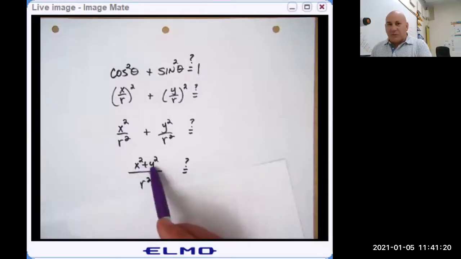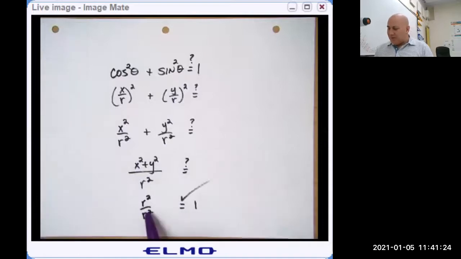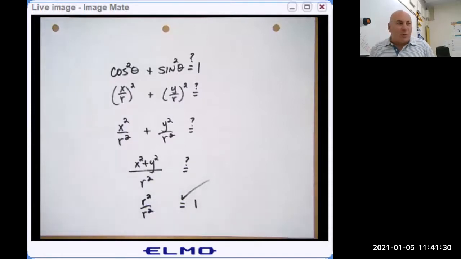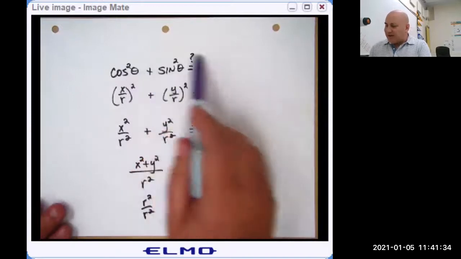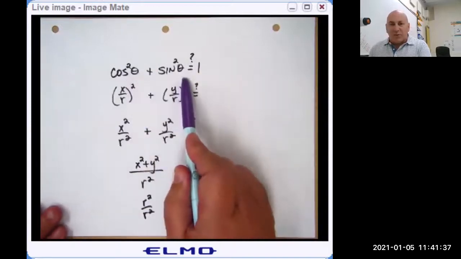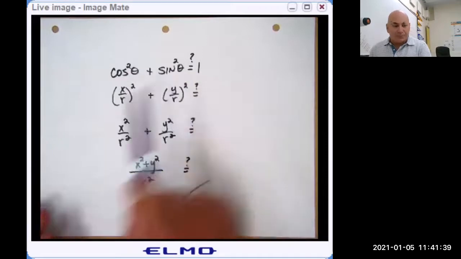And now what's x squared plus y squared equal? Well, that's r squared. So r squared over r squared equals 1. So what we've done is we've proven that this identity is always, always, always true.